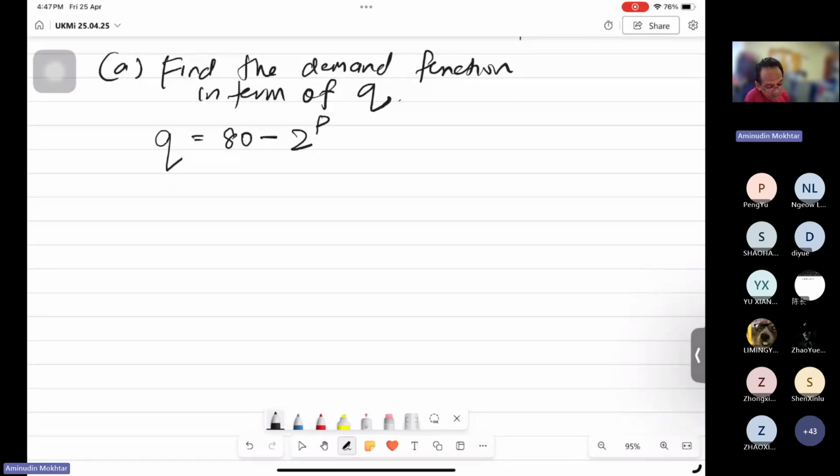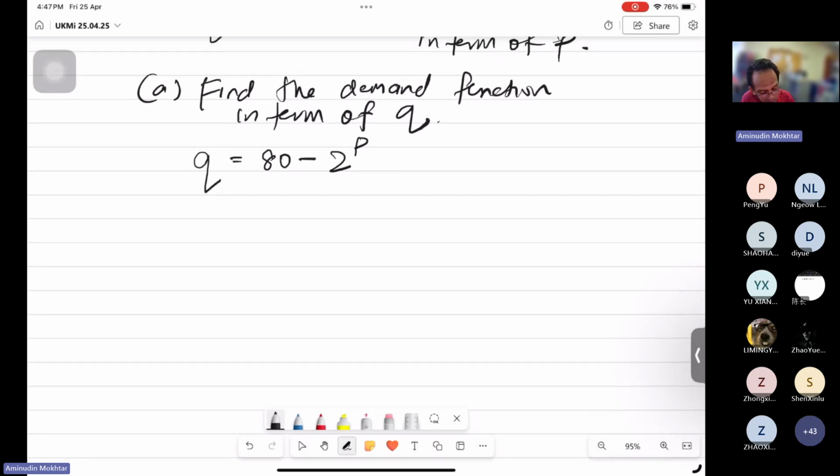Now we would like to find the demand function in terms of Q. In other words, we need to find P equal to what Q. Based on the mathematics, we just take the term with P and put it at the left hand side, and the other term without P we put in the right hand side.